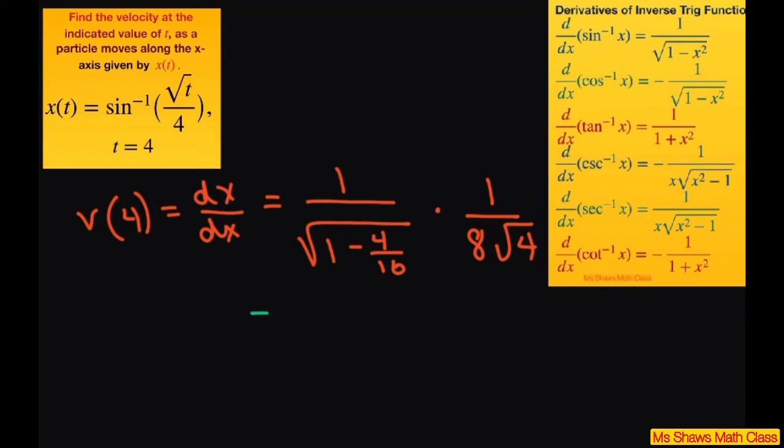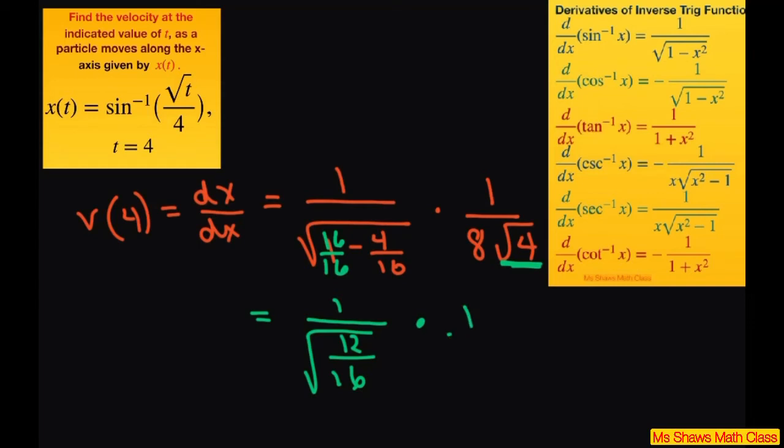So this is going to equal 1 divided by, and I can write this as 16 divided by 16. So this is going to be 1 divided by 16 minus 4 is 12 divided by 16 square root, times this one is square root of 4 is 2.